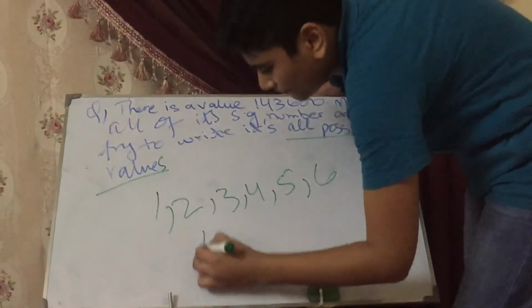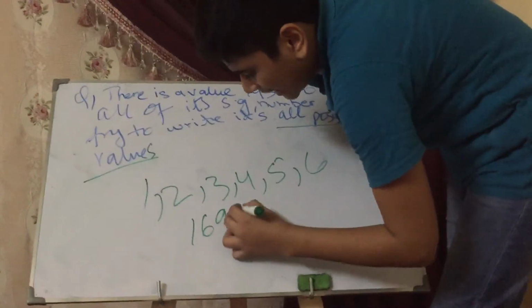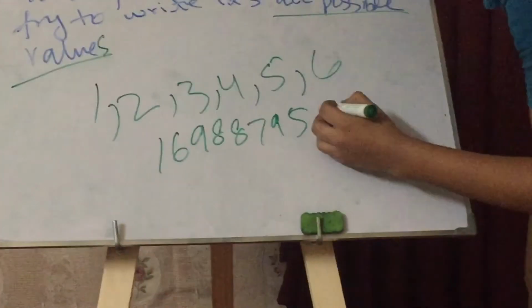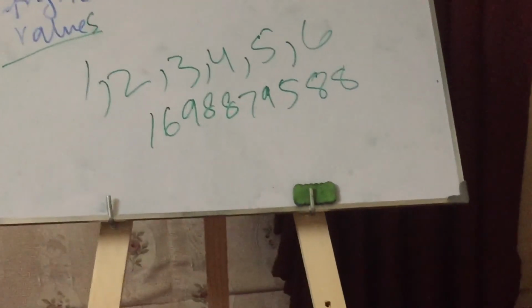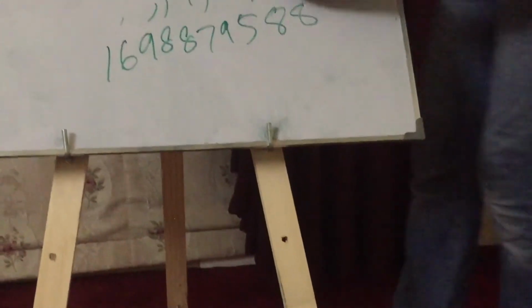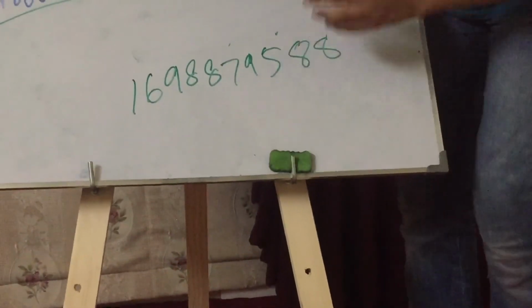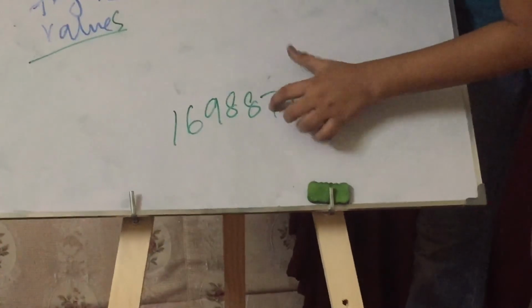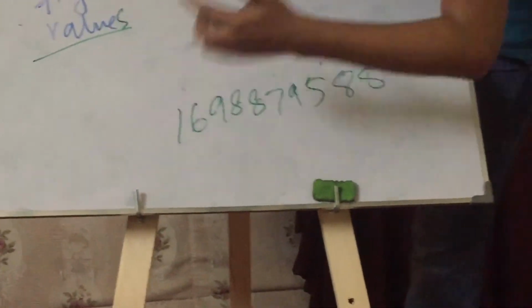One more example: 1, 6, 9, 8, 8, 7, 9, 5, 8, 8. That's a very long question. What would be the answer of this? How many digits are there? Firstly, count that. 1, 2, 3, 4, 5, 6, 7, 8, 9, 10.